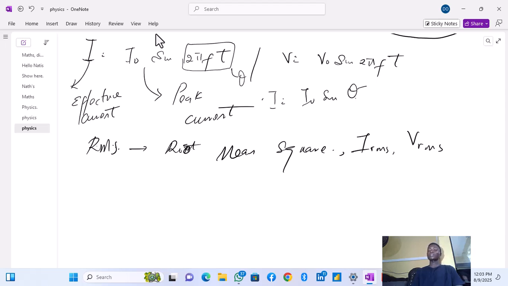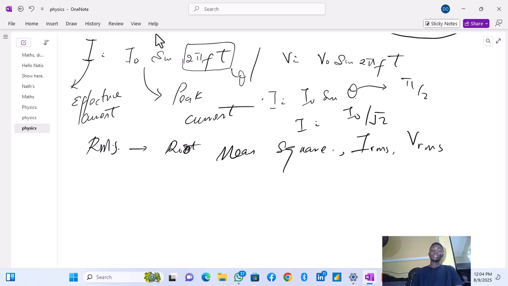What if theta is pi over 4, like 45 degrees? And what is sine 45? Sine 45 is 1 over root 2. So then I equals I naught over root 2 when theta is 45 degrees. So this actually is the RMS value.